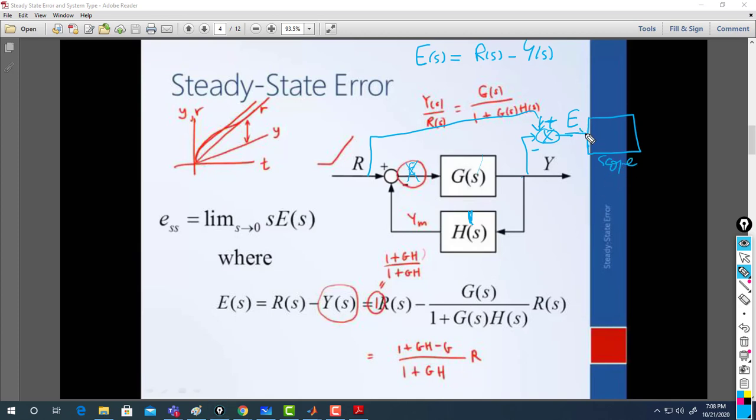You see? No, it's not influencing the system. The sensor is not influencing the system, but it affects your error. Usually, when I told you your error is here before, I was considering unity feedback.